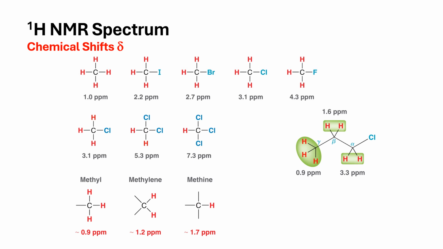Now, tables, you're going to have tables of that. So you have reference values. Methyl is 0.9, 0.1 to 1, as you can see here. And methylene is 1.2. That's a reference. Again, you have the tables, but notice what is important to remember is the effect of electron withdrawing groups.